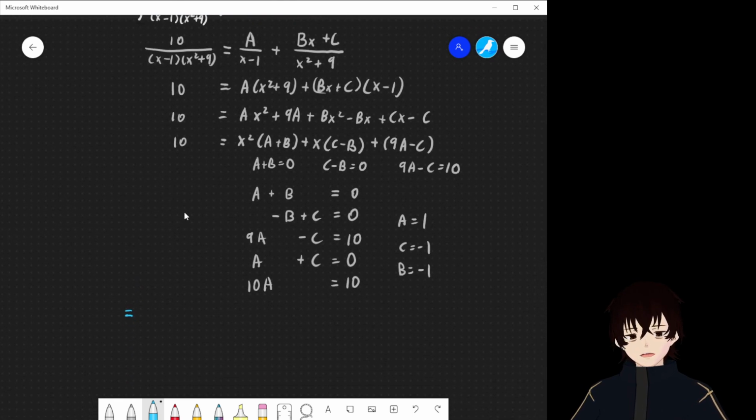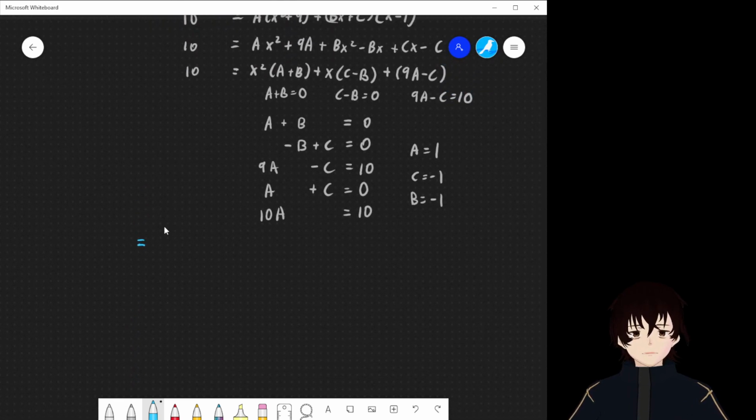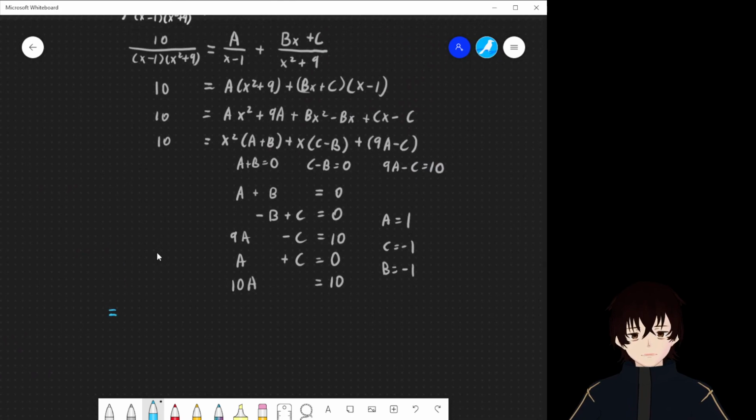Yeah, indefinite integral of 1 over x minus 1 minus (x plus 1) over x squared plus 9.